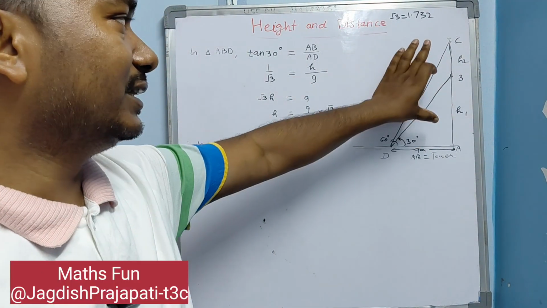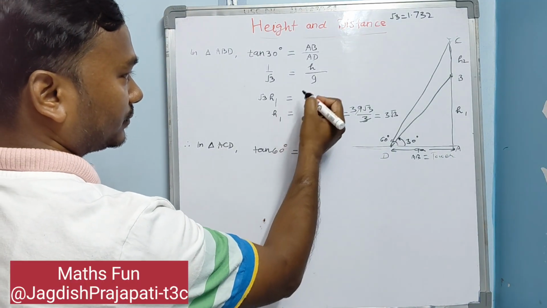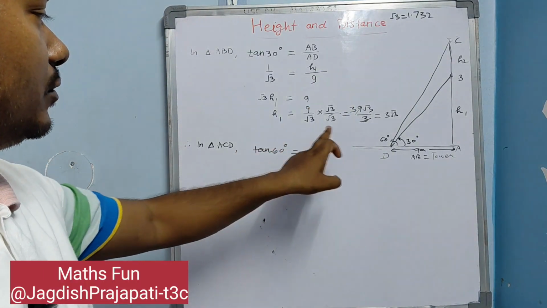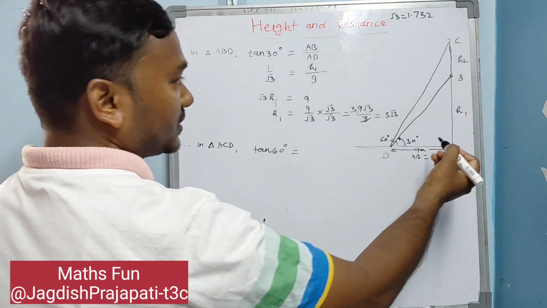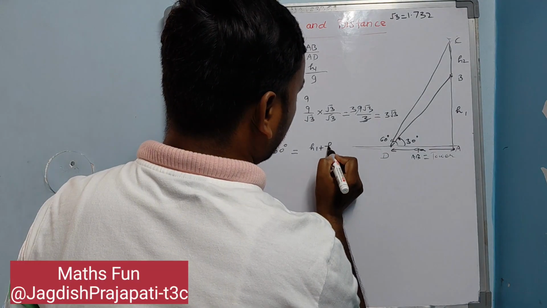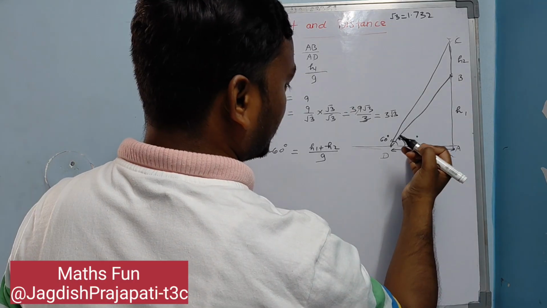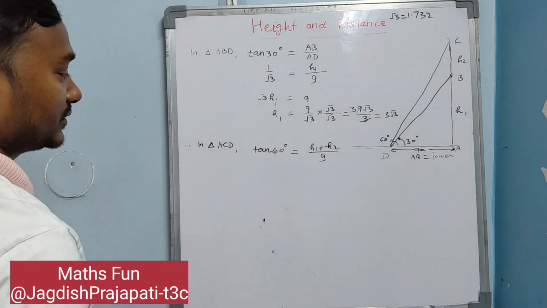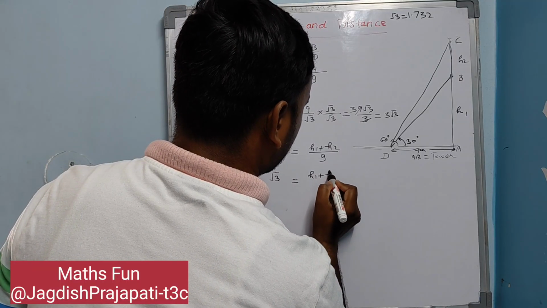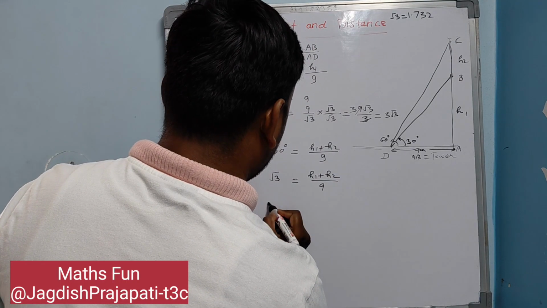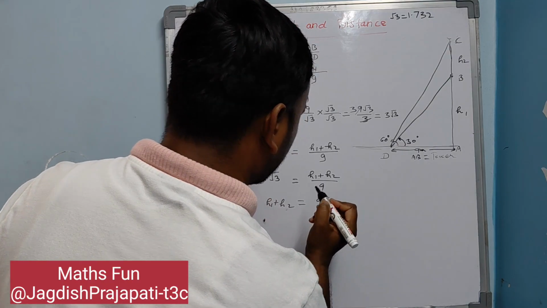To make it differentiable, let's say this is H1 and this is H2. So anyway we have found out H1. So tan 60 equal to H1 plus H2 divided by 9 because this distance is 9. Okay. So tan 60 is under root 3. This is H1 plus H2 by 9 or H1 plus H2 equal to 9 under root 3.